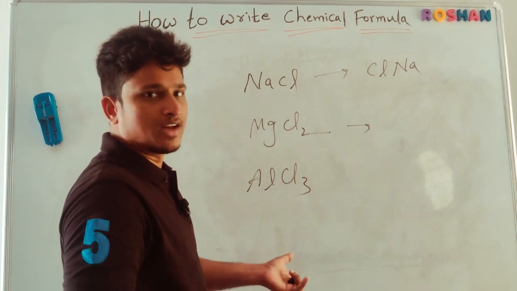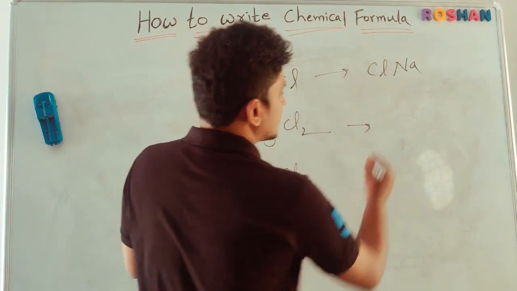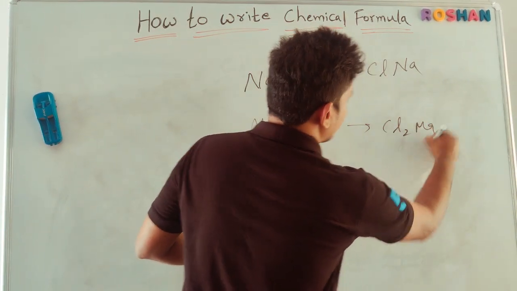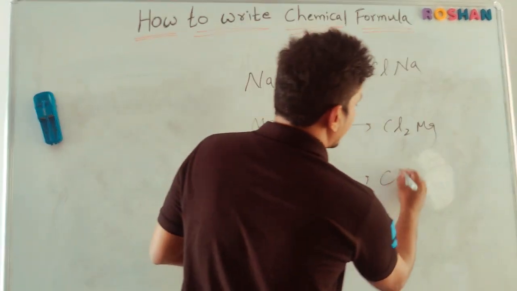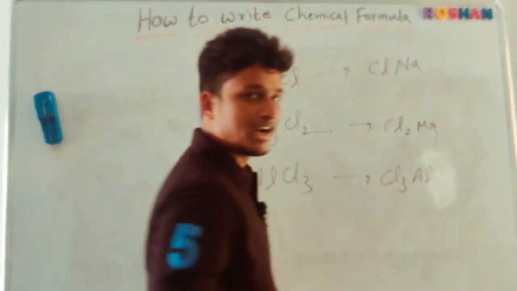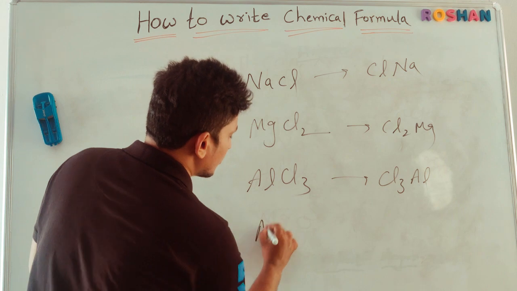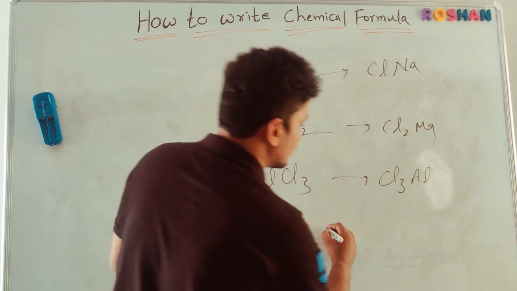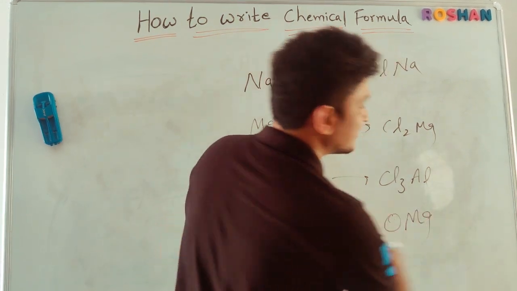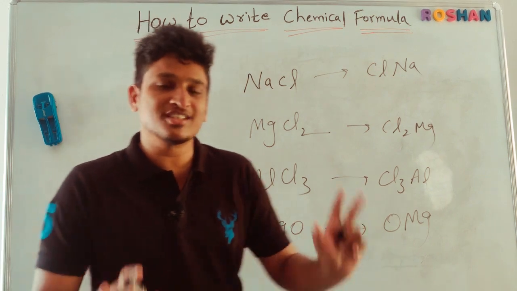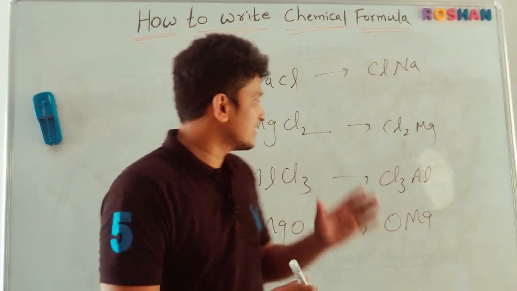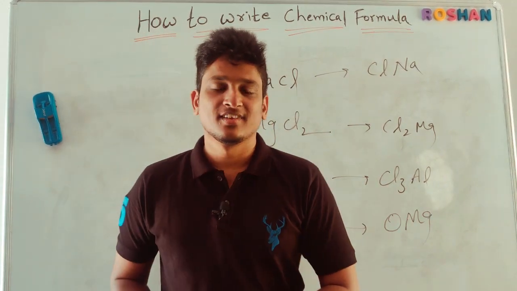Positive, negative, already neutralized. Why MgCl2? Why not Cl2Mg? Why AlCl3? Why not Cl3Al? Understood what I am saying, students? Magnesium oxide, MgO. Why only MgO? Why not OMg? Understood? These are the doubts students will get.